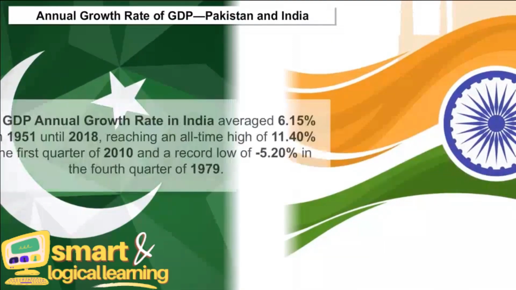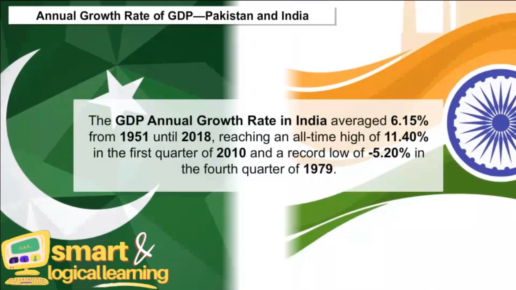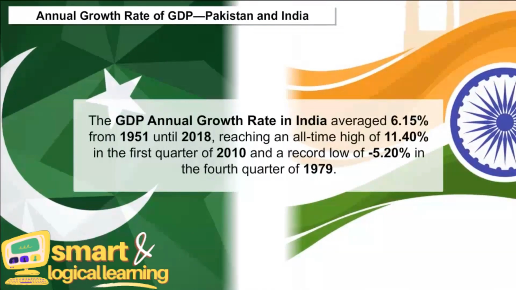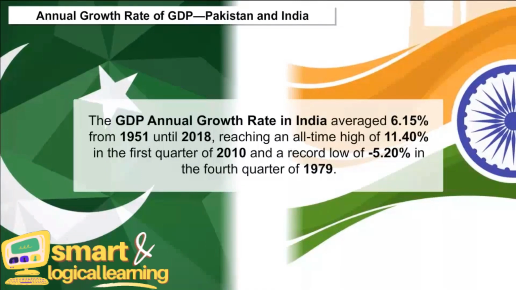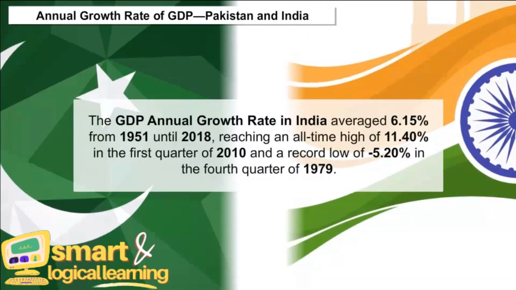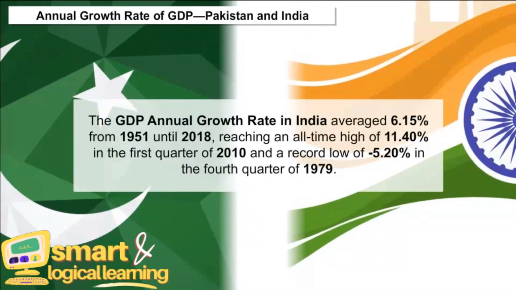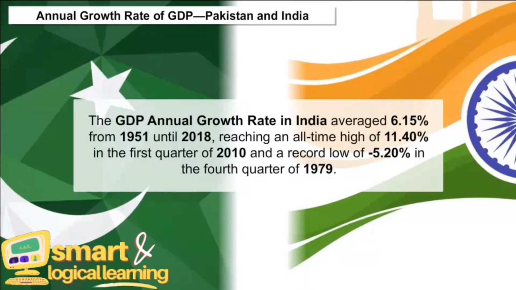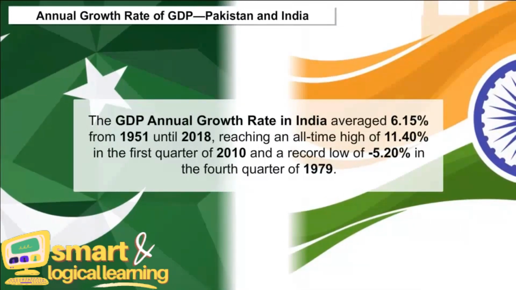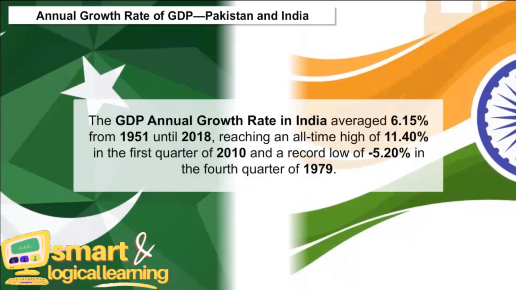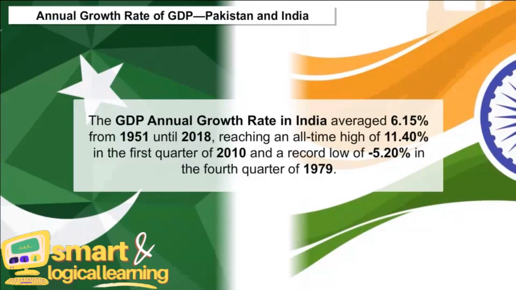The GDP annual growth rate in India averaged 6.15% from 1951 until 2018, reaching an all-time high of 11.40% in the first quarter of 2010 and a record low of -5.20% in the fourth quarter of 1979.